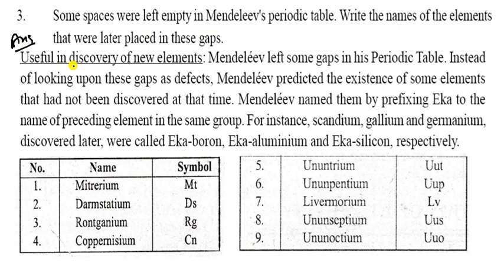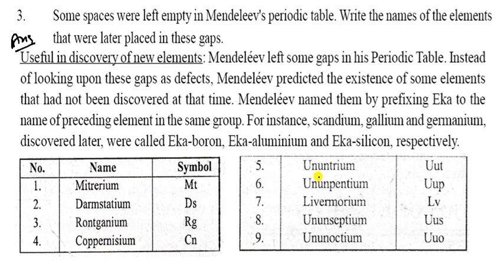The answer is useful in the discovery of the new elements. So the name of this one is Nihonium, Flerovium, Roentgenium, that is Rg, and Copernicium, that is Cn.